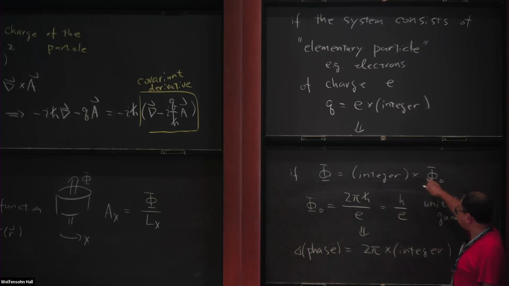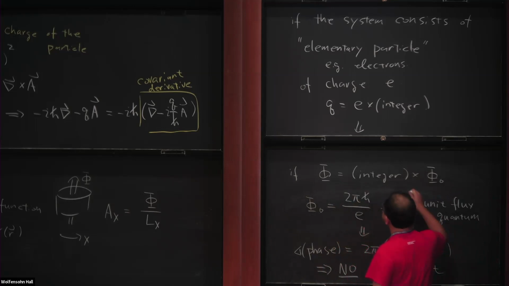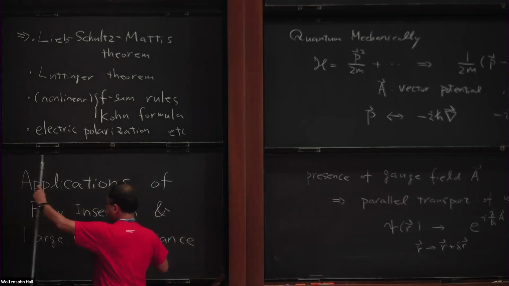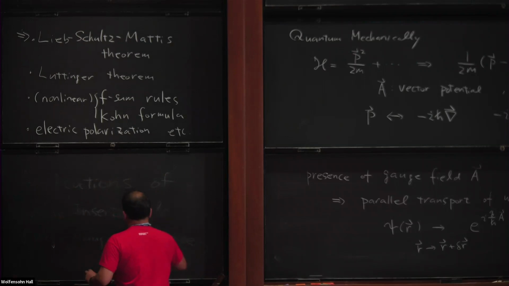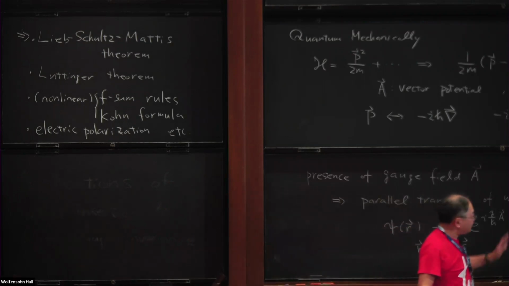So such a magnetic field does not have any effect on the particle motion on this two-dimensional system. So this has several consequences.